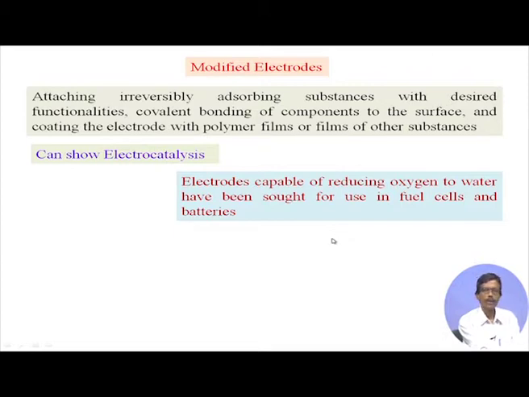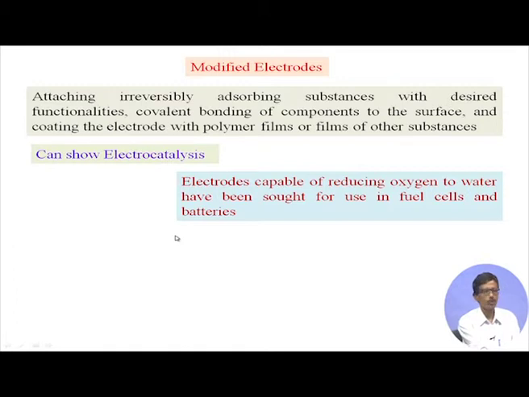So, these dropping or hanging mercury electrodes have been discarded, and the corresponding polarographic technique has been modified to go for carbon type electrode, solid state electrode, carbon electrode, platinum electrode, graphite electrode, and all these.